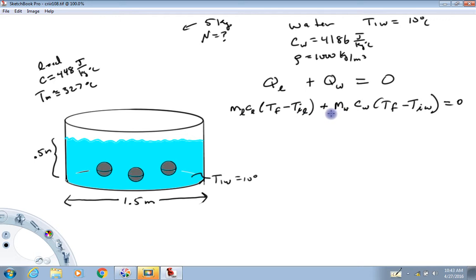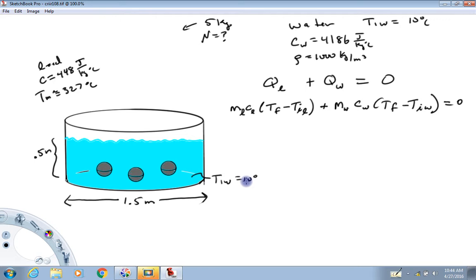Mass of the water is not known yet. We're going to have to calculate that. Specific heat of water is 4186 joules per kilogram degree centigrade. And this T final minus T initial is going to be 100 degrees centigrade minus 10 degrees centigrade. So everything there is known except for the mass of the water. The mass of the water we can get from the geometry of the tank that I've written down.